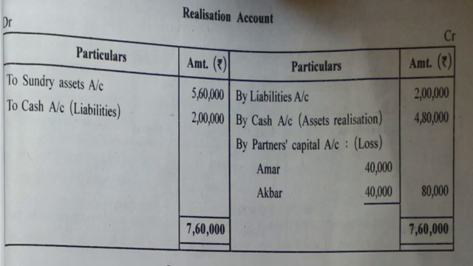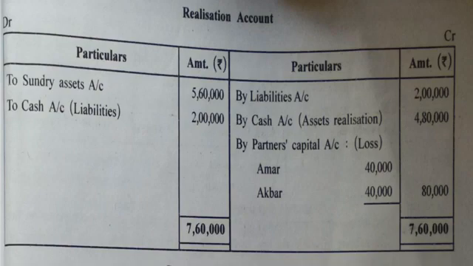Whenever nothing is instructed, it is to be considered that the book value is paid. Is that clear? So the journal entry for payment of liabilities is realization account debit to cash account, so to cash account is the posting, 2 lakh.